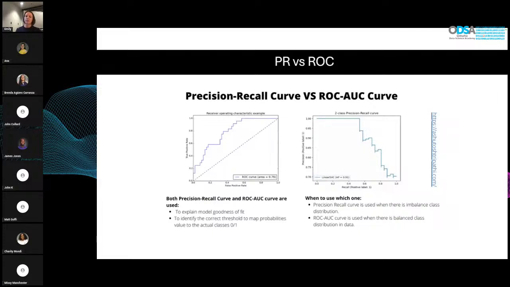So it really just comes down to class imbalance. If you're dealing with fraud, or maybe with medical diagnoses, it's a better situation to use the precision recall curve because it'll really give you that trade-off. Okay.